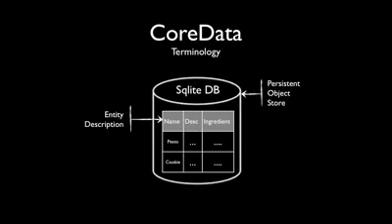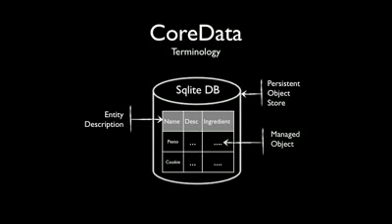The other thing that the entity describes is the class within your application that the entity is associated with. By default, this is an NSManagedObject, but it could also be a subclass of it if you want to do some complicated calculations when you are creating an entity or reading an entity.